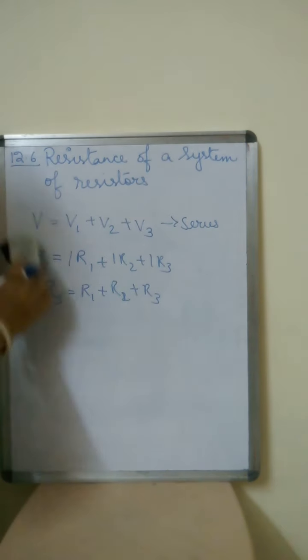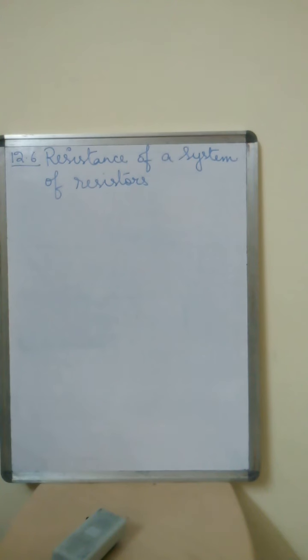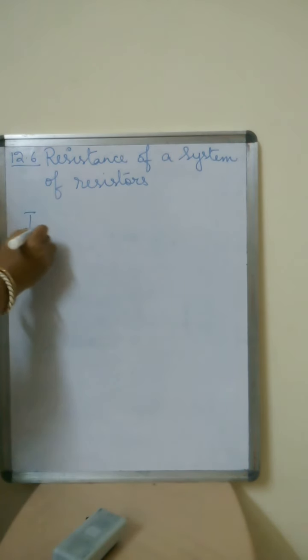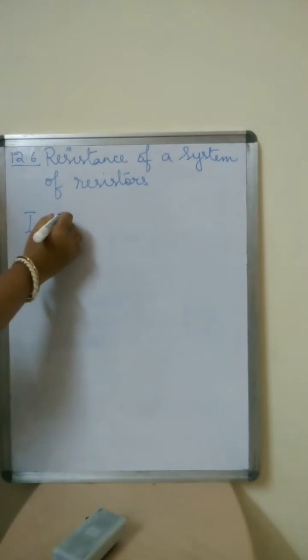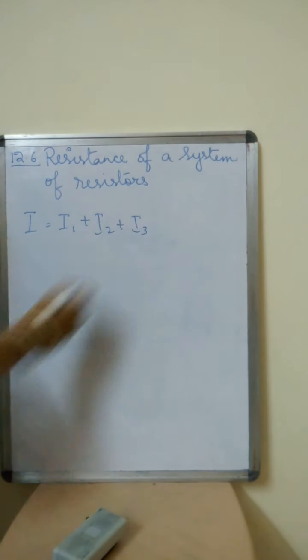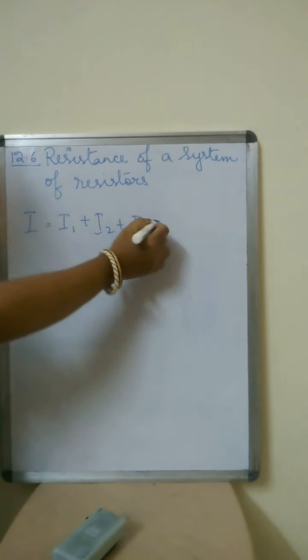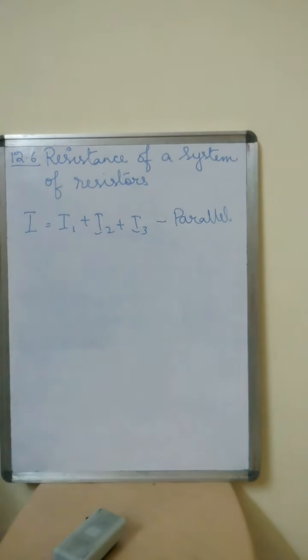But when it comes to resistors in the parallel part, the total current I is equal to I1 plus I2 plus I3. This happens when the resistors are joined in a parallel way.